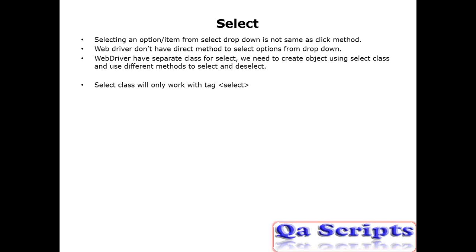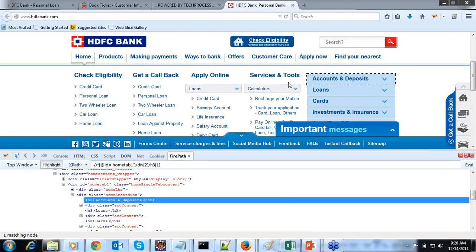What it means? Let us have a look at our web page and try to understand what is select tag. Now I am on hdfcbank.com web page. Here we have an element called accounts and deposits.